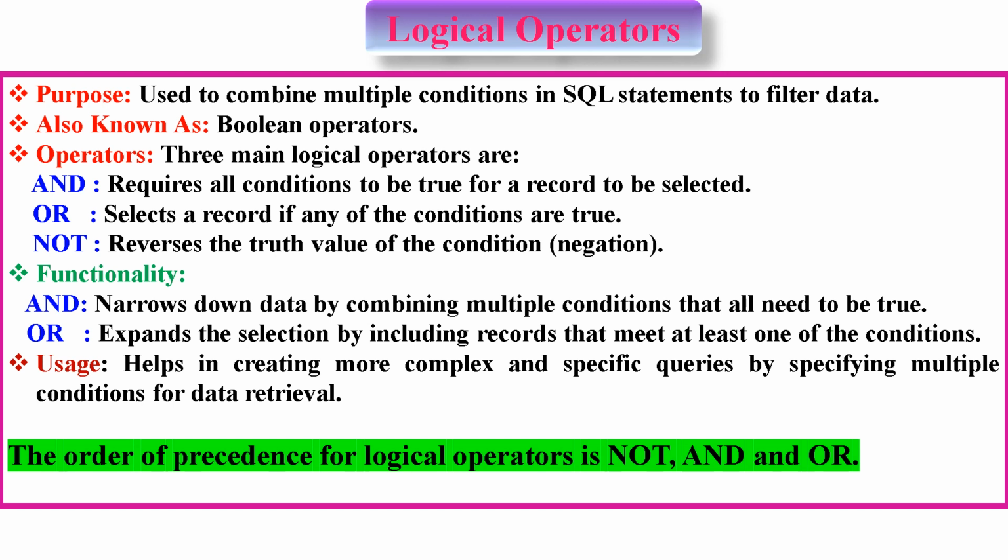In SQL, the order of precedence for logical operators is NOT, then AND, then OR. So, when multiple logical operators are used in a single statement, NOT will be evaluated first, followed by AND and finally OR. This determines how the conditions are evaluated and combined within the SQL query.